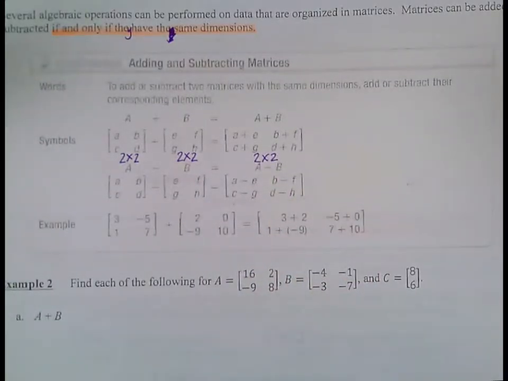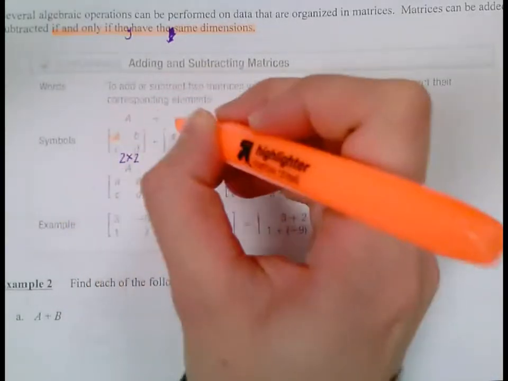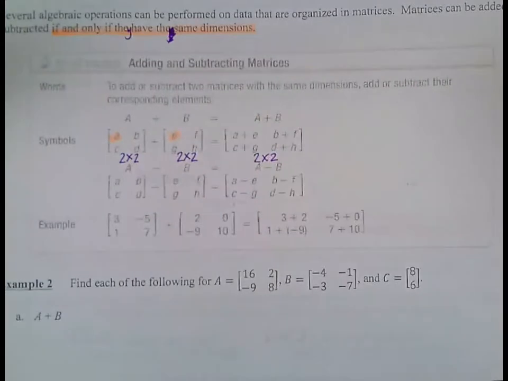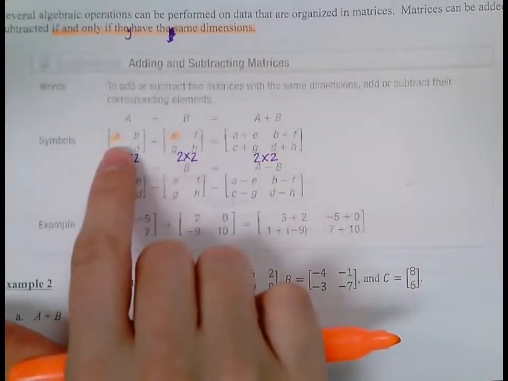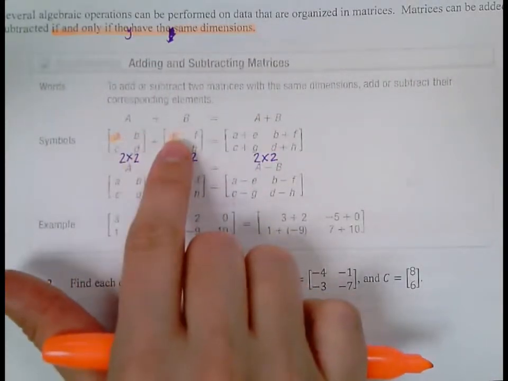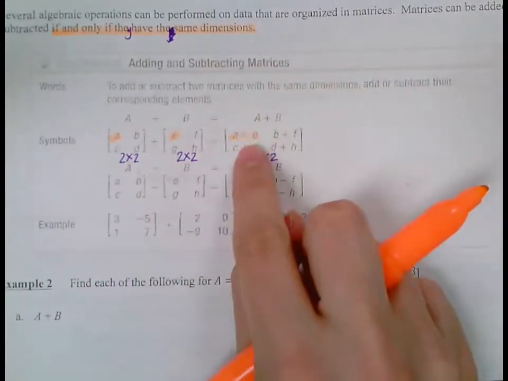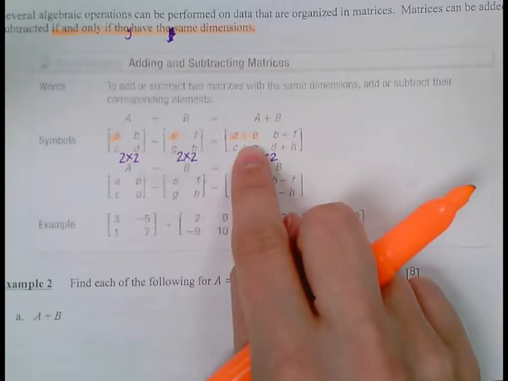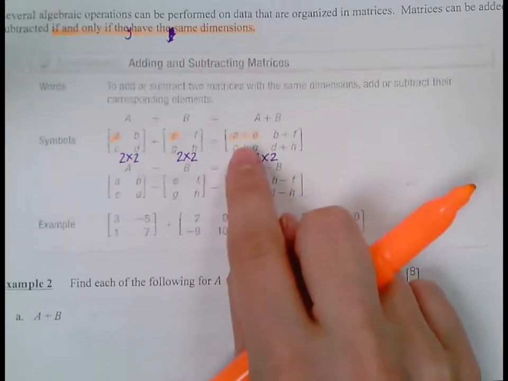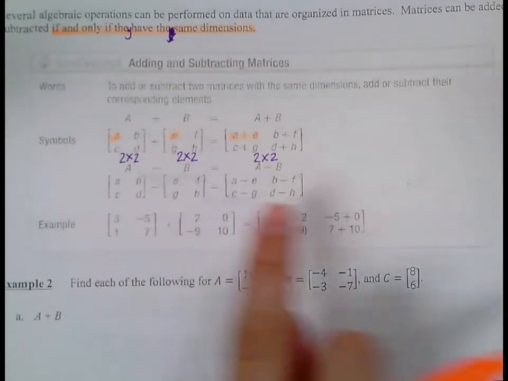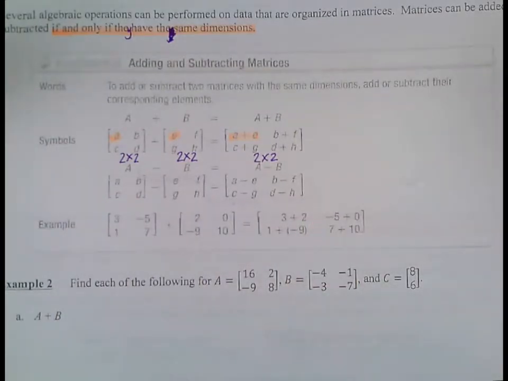So your dimensions will stay the same. Ultimately, to add or subtract, you just add or subtract the corresponding elements together. So in row 1, column 1 of A, that would be added to row 1, column 1 of B, and that goes in row 1, column 1 of your answer. Same with subtracting, you're just subtracting instead of adding.